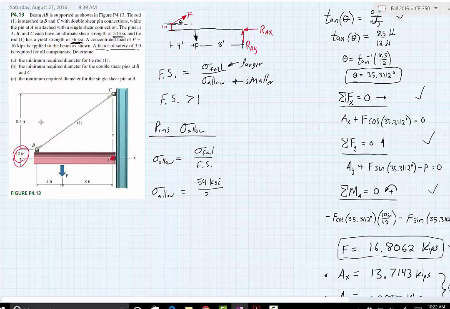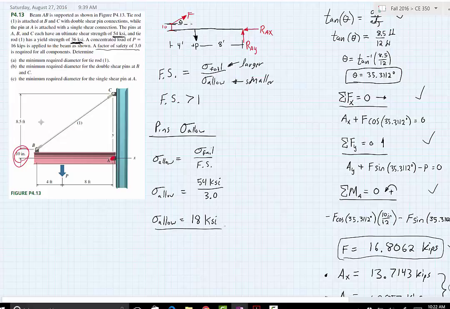So 54 divided by 3, you get 18. So our stress allowable for all pins is going to be 18 KSI.